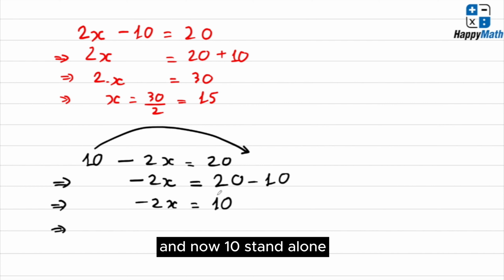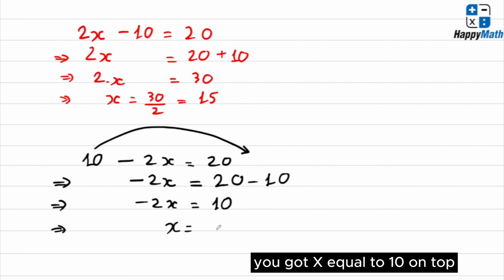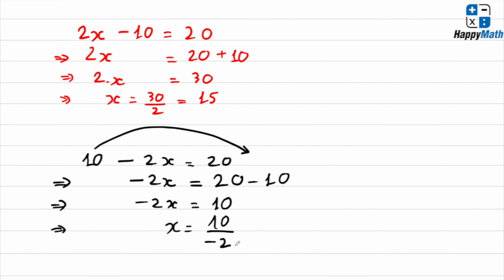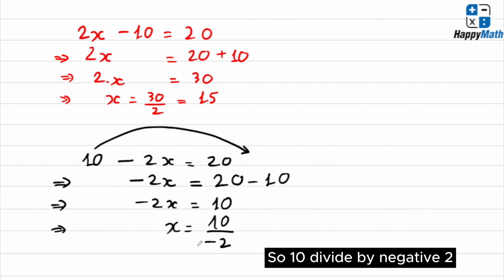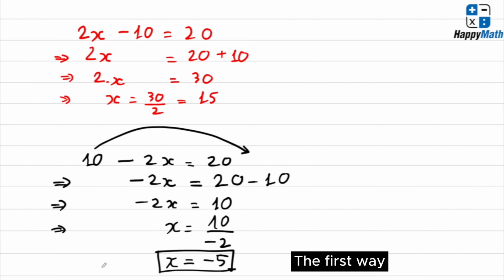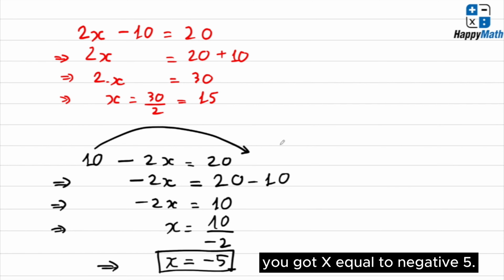Now 10 stands alone, and 10 is the captain. You get x equals 10 on top, minus 2 in the denominator. So 10 divided by negative 2, you will have negative 5. That is the first way. The first way, you get x equals negative 5.